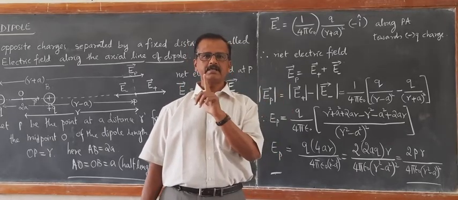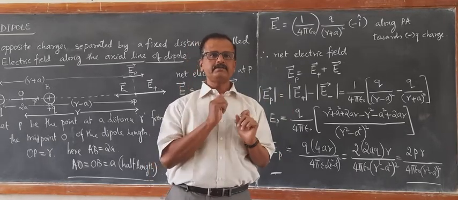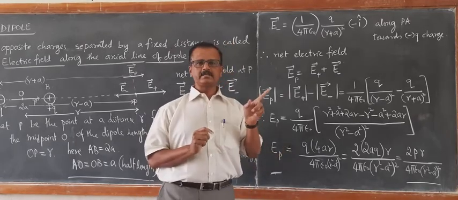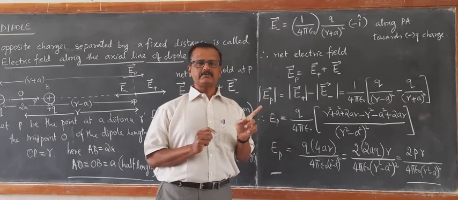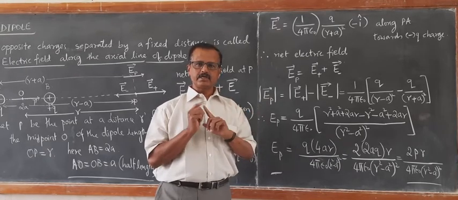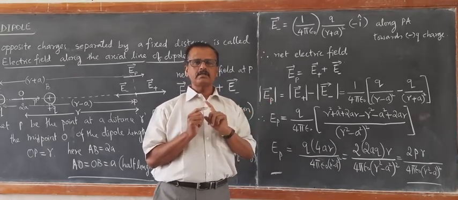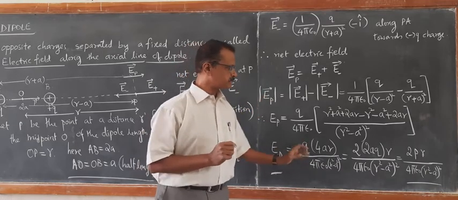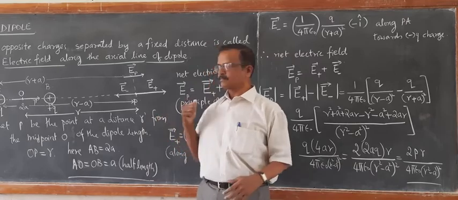It is always directed along the dipole length. Therefore, electric field on the axial line is always directed from negative charge to positive charge along the direction of dipole moment. So that is clear from this equation, which I will write here separately.